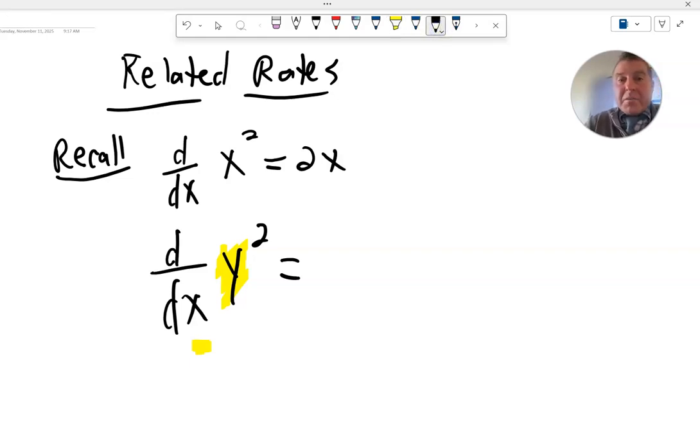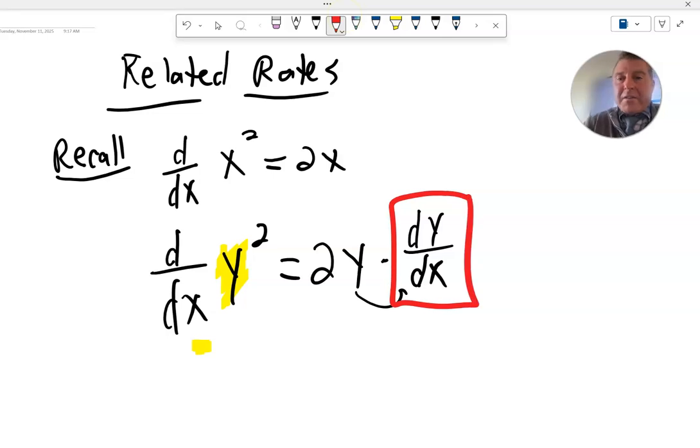As we discussed, the y has to be treated like an inner function, because I'm differentiating with respect to a different variable, x. What I get is, by the power rule, 2y, but now by the chain rule, times y prime. Now we're being a little lazy when we call it y prime. What it really means is dy dx.